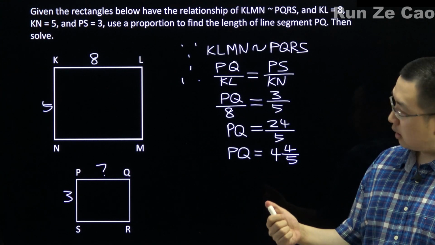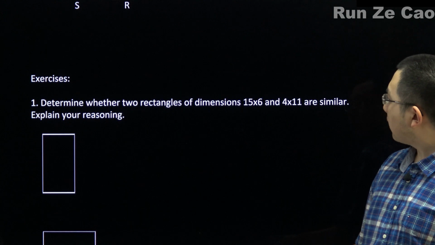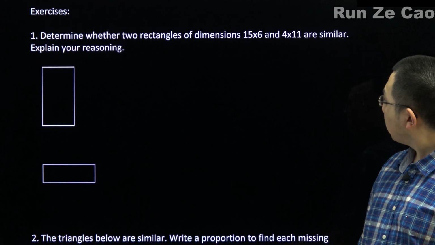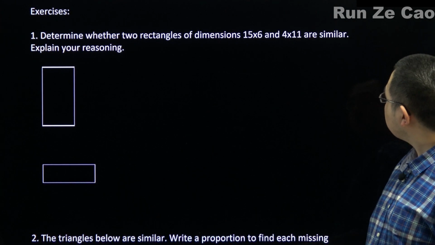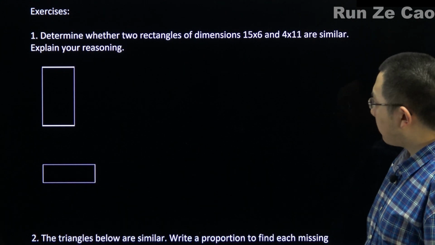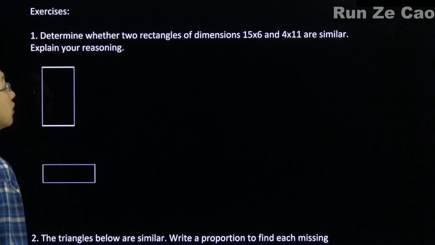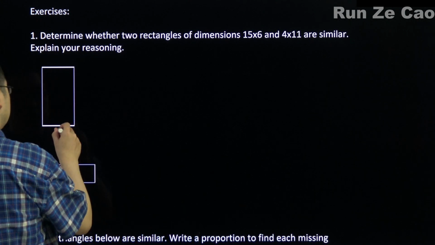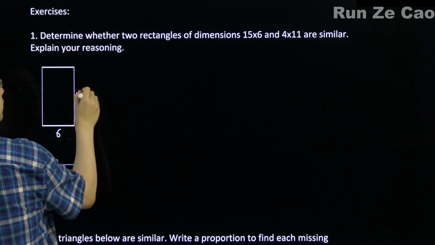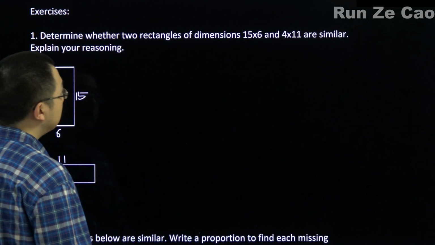Well, okay. Let's do some exercises. Determine whether two rectangles of dimensions 15 by 6 and 4 by 11 are similar. Explain your reasoning. Here we happen to have two rectangles that we can use to consider this. 6 by 15 perhaps, and then 4 by 11.